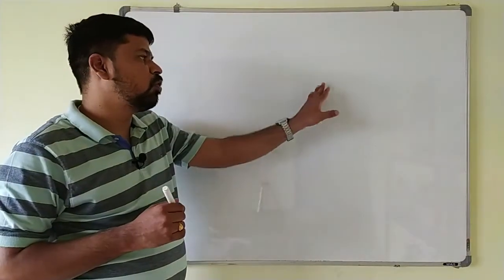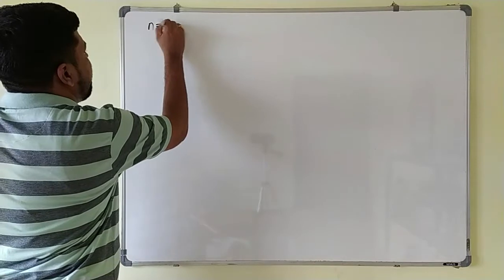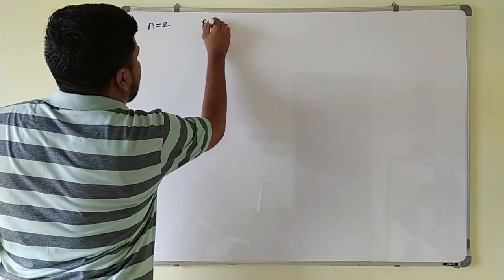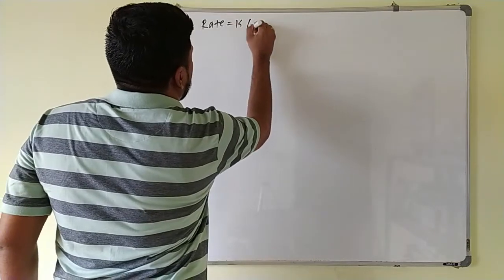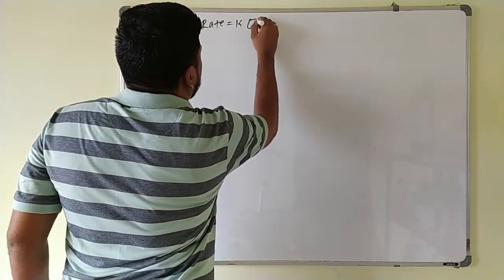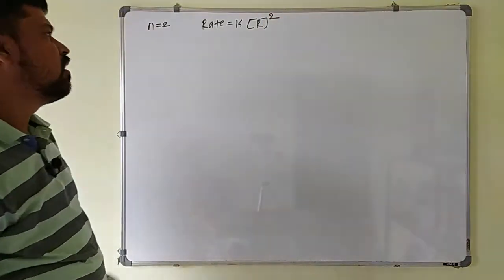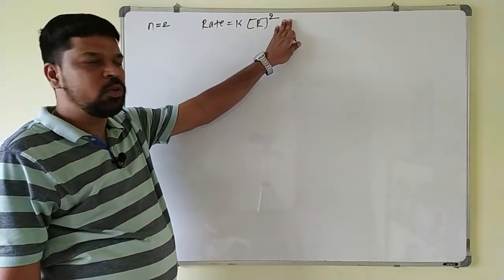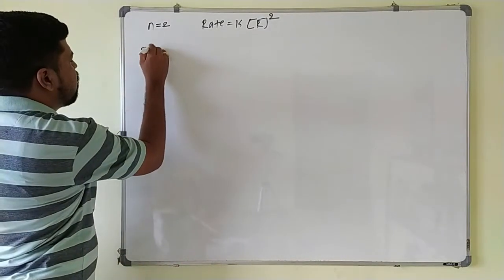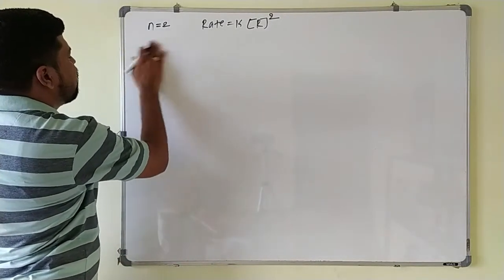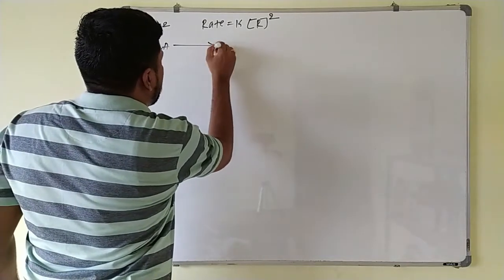Next one is second order. If n value is equal to 2, then it is second order reaction. So if n value is 2, then it is taken as second order reaction, for which rate of the reaction is proportional to the second power of concentration terms of the reactants, that is equal to 2 here. So total sum will be equal to 2, then it is second order reaction. So example for this one, simply we will write a general equation, that is 2A giving products.